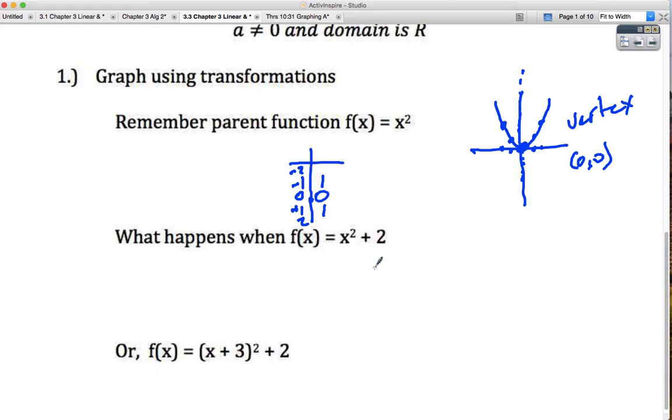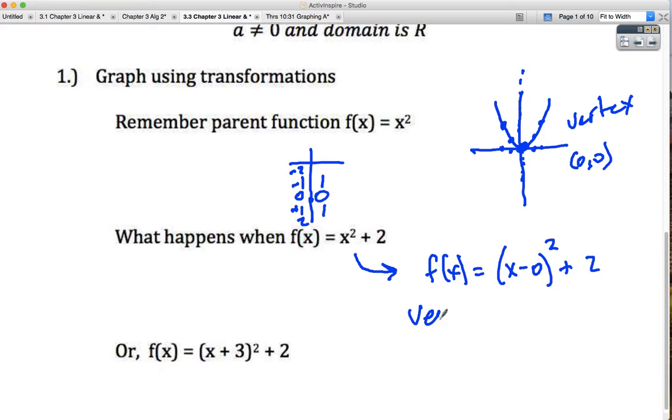What happens when the quadratic becomes x squared plus 2? If we look very closely, this can be rendered in vertex form, which would give us f of x equals x squared, which really means x minus 0 squared plus 2.